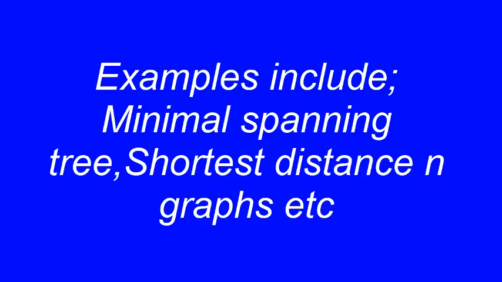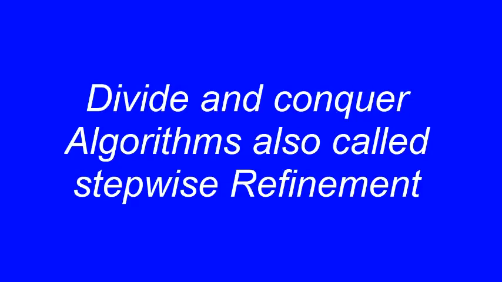The next one we are going to talk about are divide and conquer algorithms. We could also call this stepwise refinement, as these are methods of designing algorithms which have a particular pattern. Given the instance of the problem to be solved, you split this into smaller sub-instances of the same problem. Remember this.